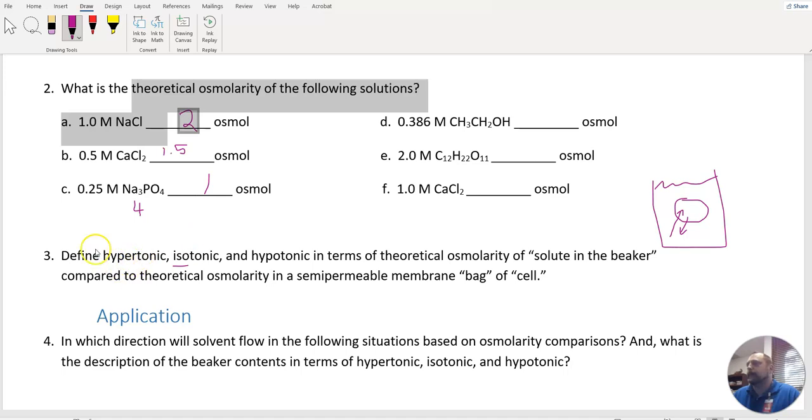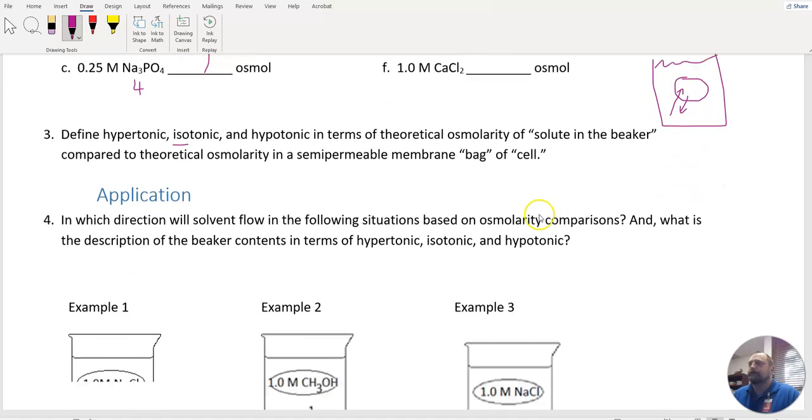Hyper is when the outside is more, and so the water will be going from the inside towards the outside. And then hypotonic is less, and so the water will go in to try and lower the inside concentration.